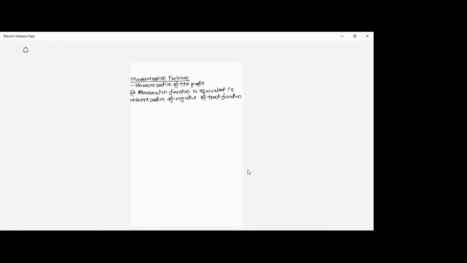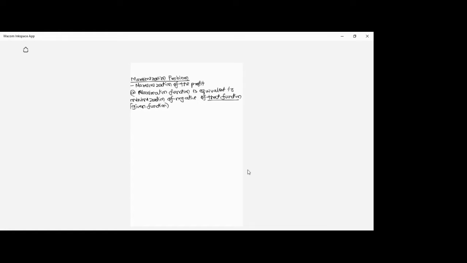So firstly, we should understand maximization function is equivalent to minimization of the negative of that function, that is, of the given function. So I'll be writing. Here you should understand the maximization function is equivalent to the minimization of the negative of that particular function, right? So how are we going to deal with this?